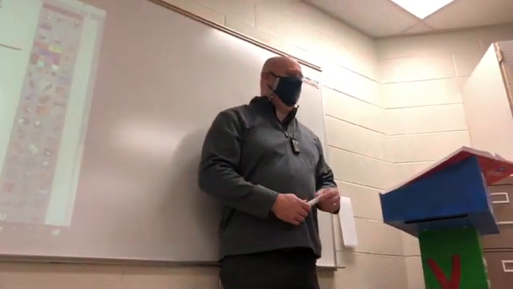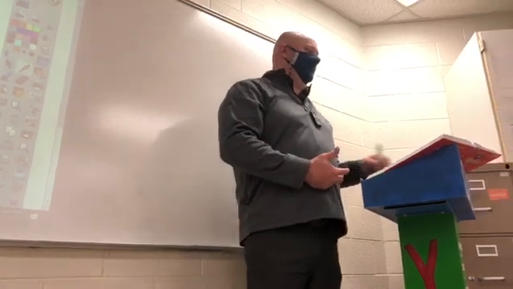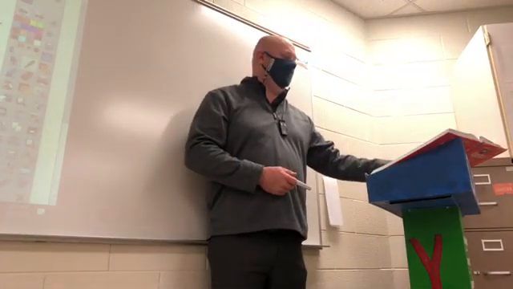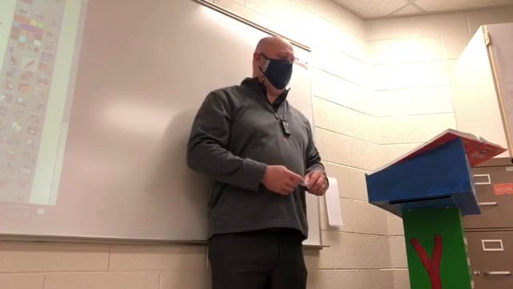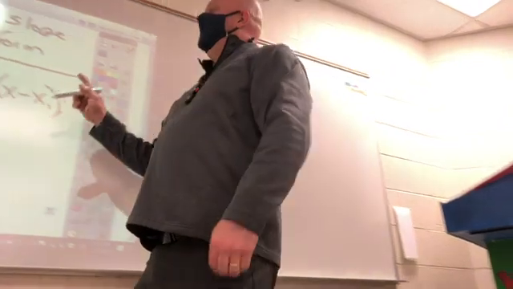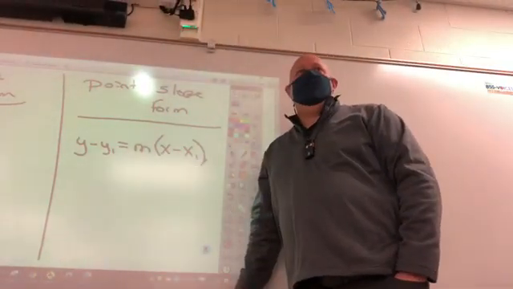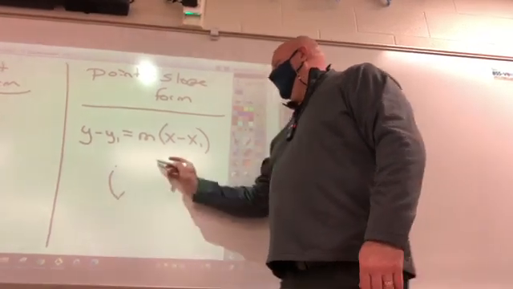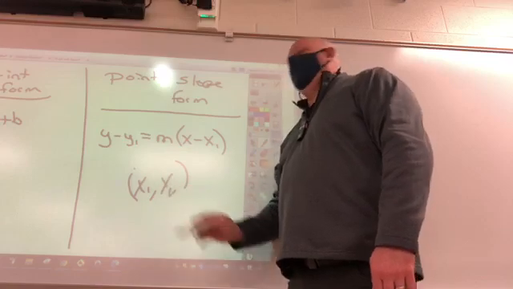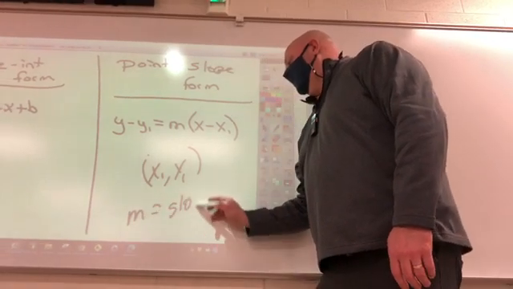But I would argue that it's actually easier, because as soon as you understand what all the different letters mean in there, it actually is really, really, really easy. What do you think the x1, y1 are? That's the x and the y from the point. And then the m is just the slope.